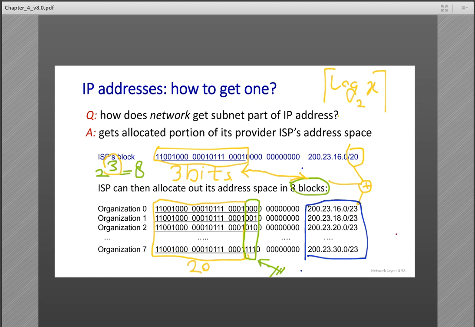Look at this one. The red zone is the space for host IDs. Host ID. The green zone is for subnets.